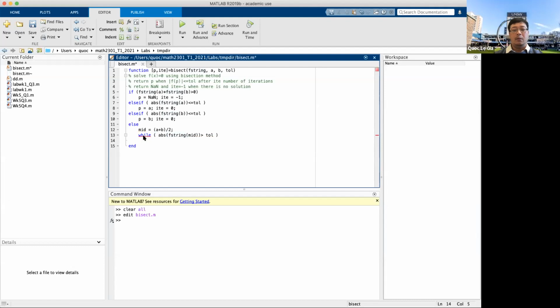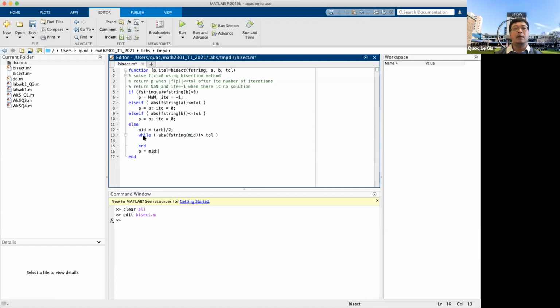So you see, it gets a midpoint, and if this condition doesn't hold, then it found a solution already, right? So you can return p equal to the midpoint here.